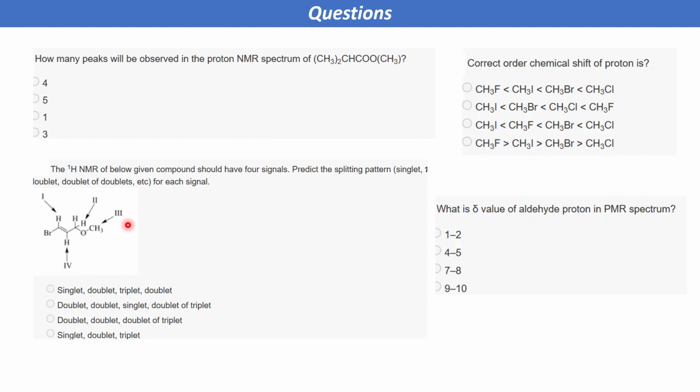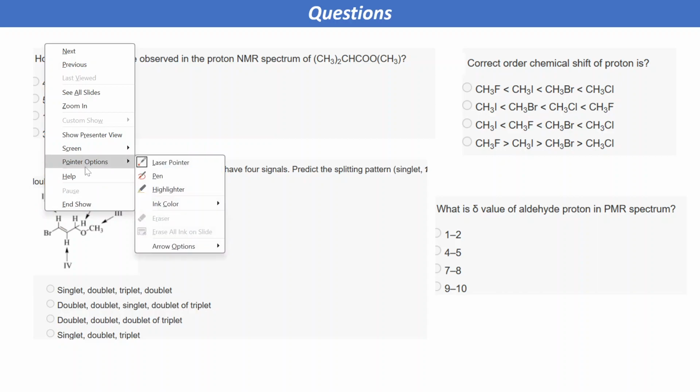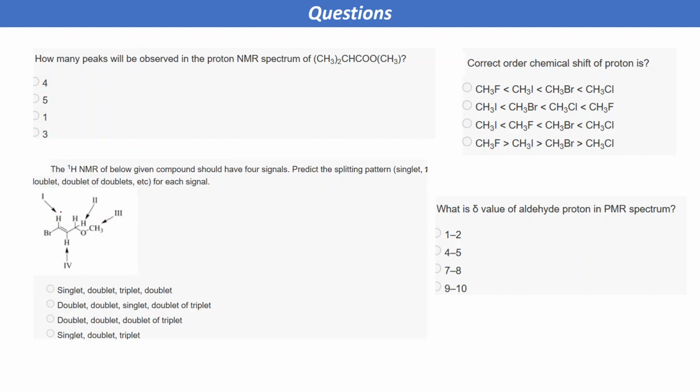What will be the splitting pattern for the first one, this hydrogen? Doublet. Yes, it will be a doublet. Why? Because the adjacent carbon has only one hydrogen, so it will be n plus 1, that is 1 plus 1, which means doublet.